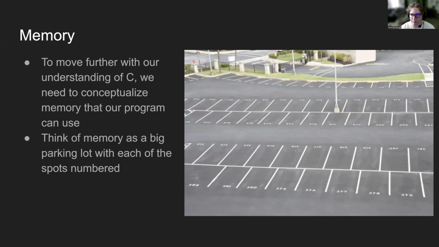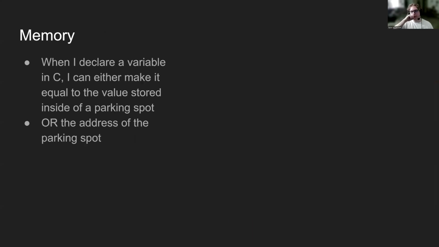So I like to think of memory as a big parking lot with numbers that represent addresses that we can put cars in. And we know where they are because they're at a specific address. Okay. When I declare a variable in C, I can either make it equal to the value stored inside the parking spot.